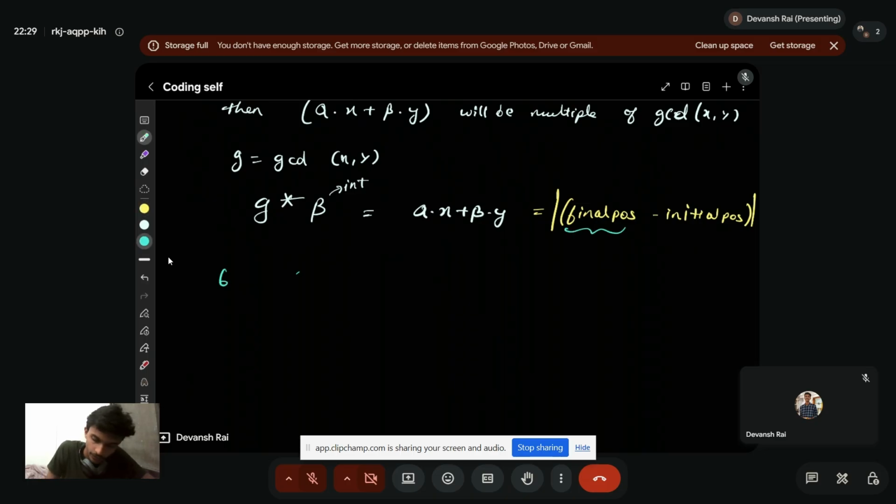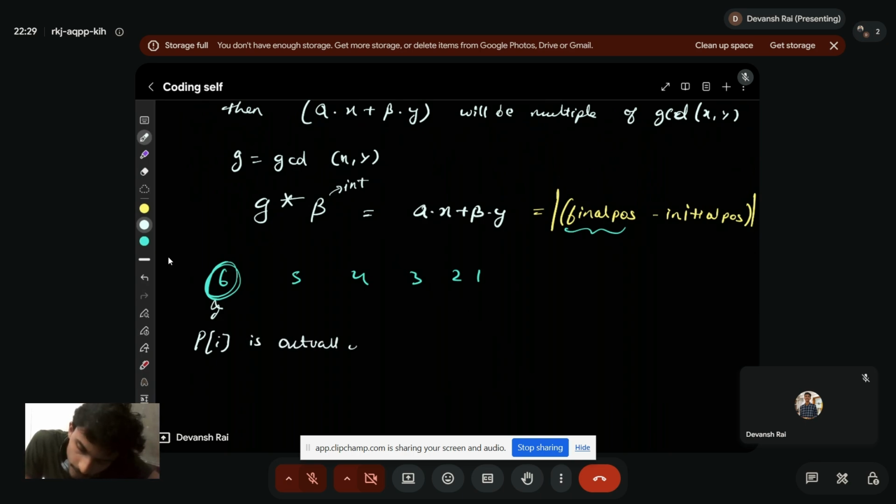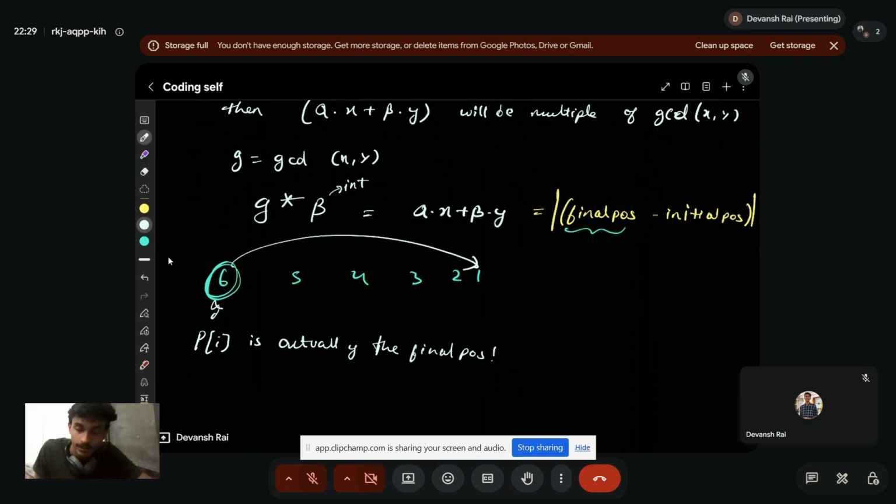If you look at 6, 5, 4, 3, 2, 1, the p_i element is actually the final position, because we need 6 to be here, and that is the sixth position. And this is i plus 1, because of the zero indexing, because i in the array stands for 0, but we want it to be 1. So i plus 1 is the initial position.